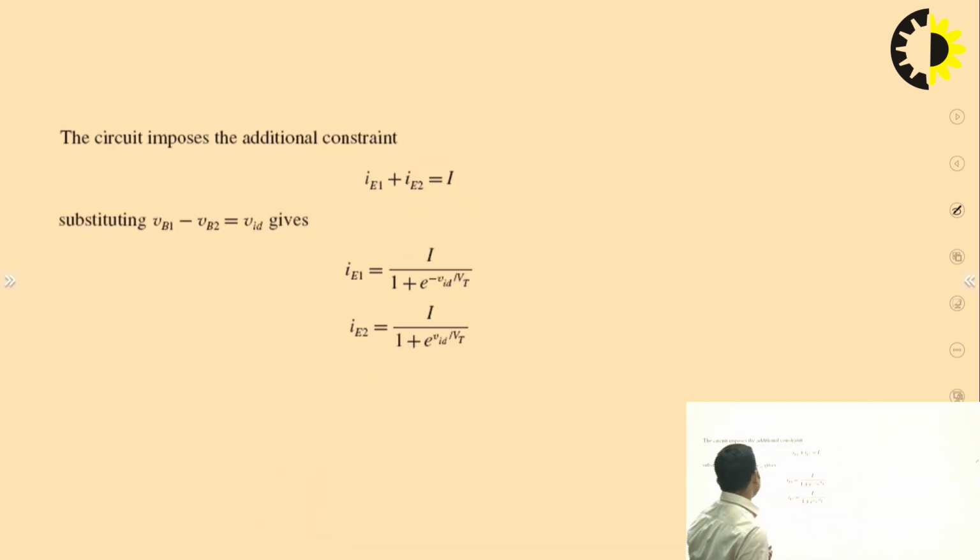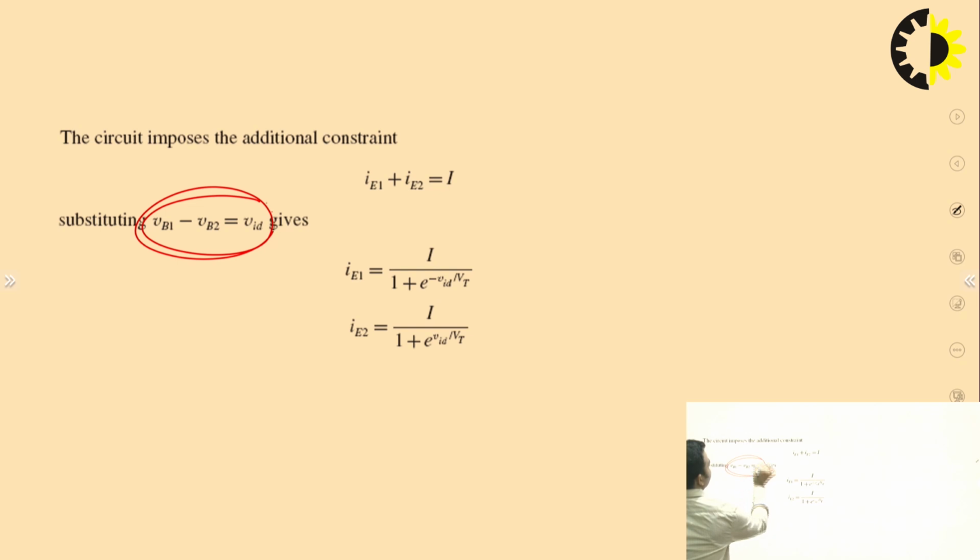So, VB1 minus VB2 is VID. So, you can say that IE1 is equal to I upon 1 plus e to the power minus VID upon VT, and IE2 is equal to I upon 1 plus e to the power VID upon VT.